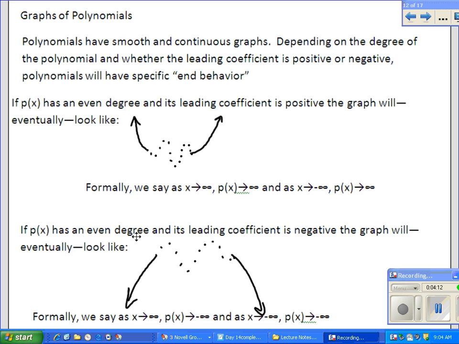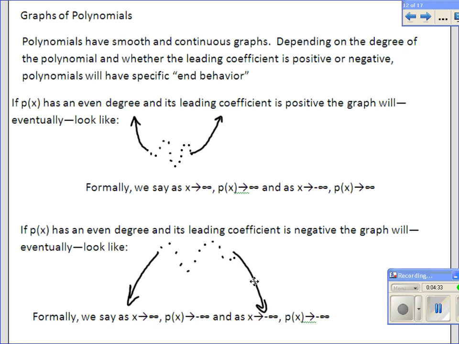Now, if p of x has an even degree but its leading coefficient is negative, the graph is going to flip over and will eventually look like this, decreasing to the right and decreasing to the left. Formally, as x approaches infinity, going off to the right, the y values go down towards negative infinity. And as x approaches negative infinity, as x goes off to the left, p of x also approaches negative infinity, so it's decreasing here to the left.